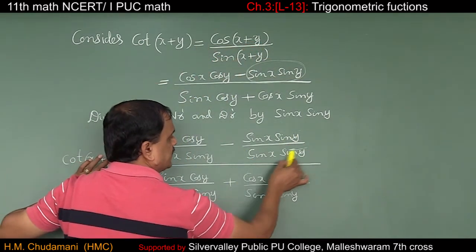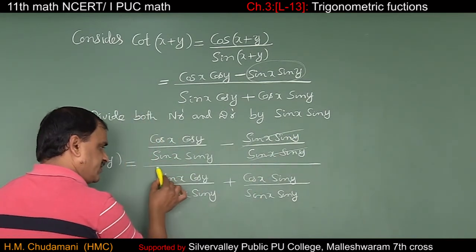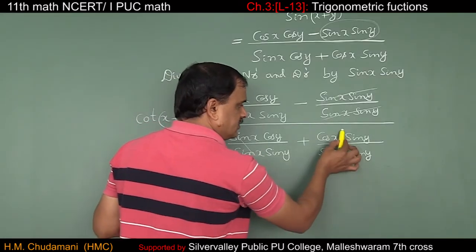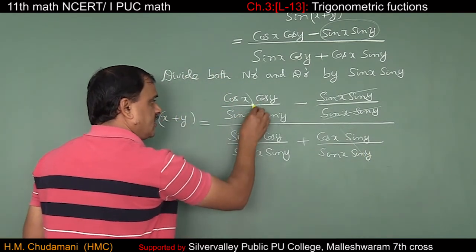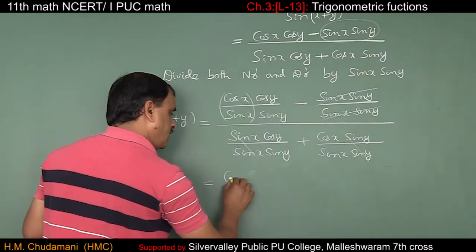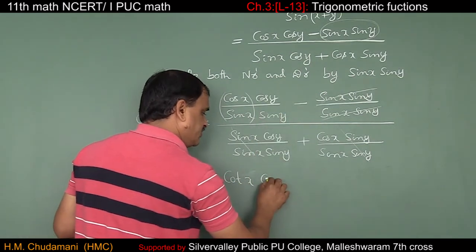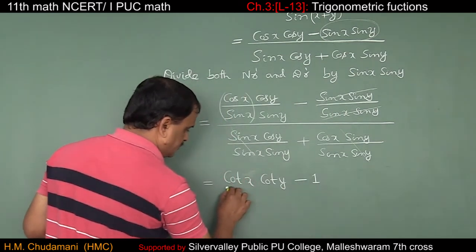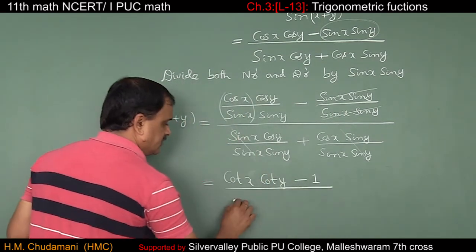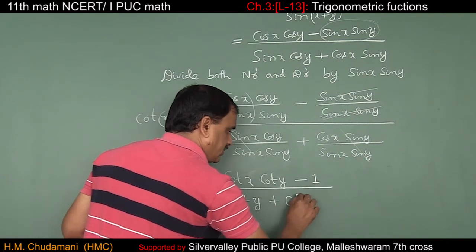Here it completely gets cancelled, whereas here sin x gets cancelled, here sin y gets cancelled. We are left with cos by sin, cot. Cos y divided by sin y means cot y, minus 1, divided by here cot y plus cot x.